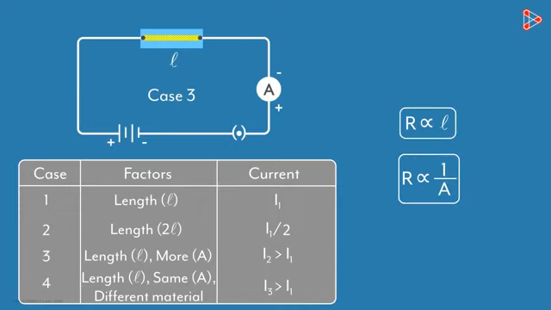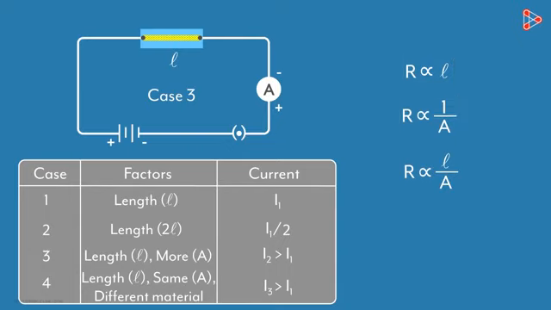Combining these two tells us that the resistance is directly proportional to the length of the conductor and inversely proportional to its cross-sectional area. If we introduce a constant rho, it can be written like this. This is the constant of proportionality and is called the electric resistivity of the material of the conductor.